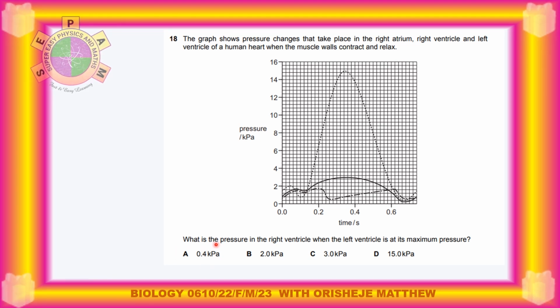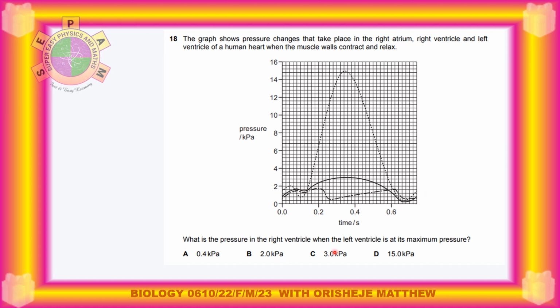Now, what is the pressure in the right ventricle when the left ventricle is at its maximum pressure? One thing you should know: the question is testing, because they didn't tell you which part has the low pressure and which part has the high pressure. That is actually the major thing being tested in this question.